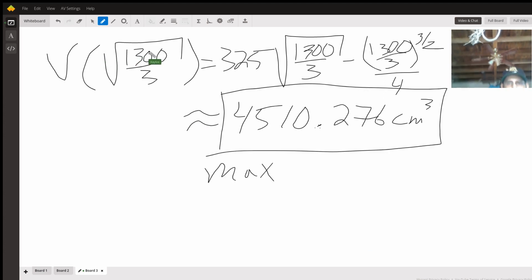How do we know it's a maximum? Well, we could do a couple different things. We could take a second derivative and get that it's negative. The double prime would just be negative 6x over 4.